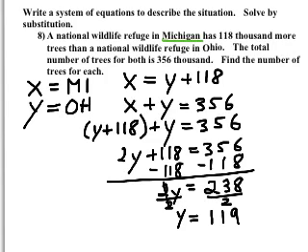So Michigan, if you look up here at the beginning, we'll stick this y back into this equation up at the top here. So we'll go basically 119 plus 118.